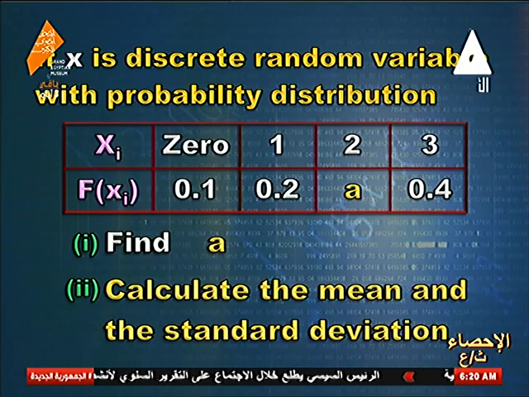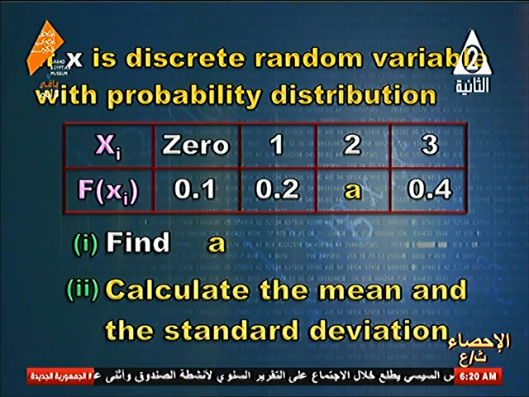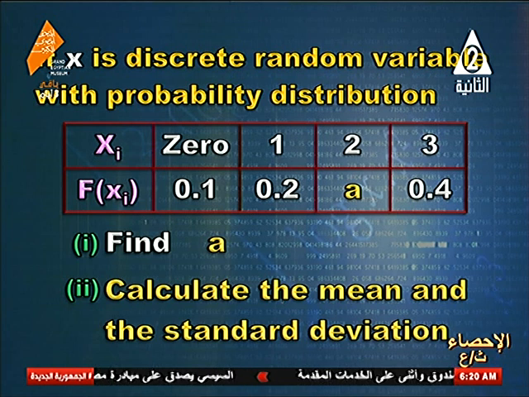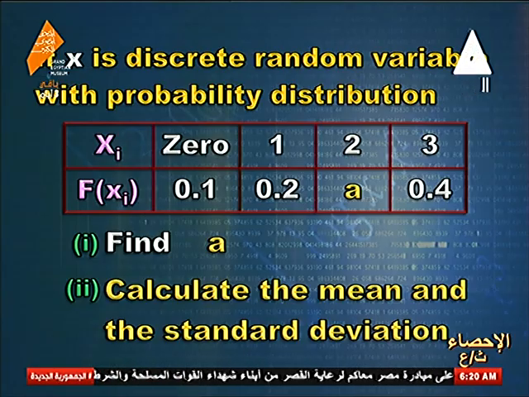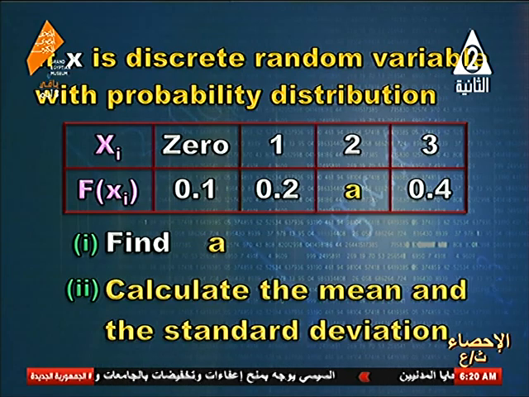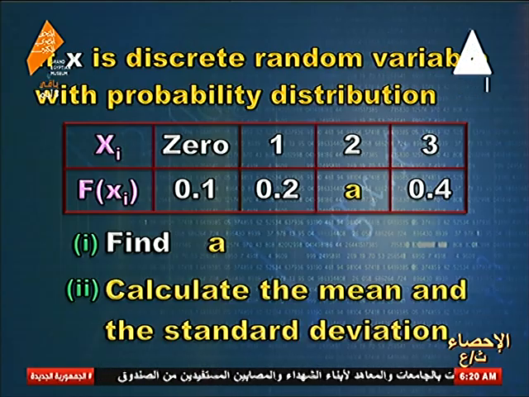We know that a equals 0.3. Then mu equals 0 multiply 0.1 plus 1 multiply 0.2 plus 2 multiply 0.3 plus 3 multiply 0.4. This is called arithmetic mean or expectation or mu or x bar.